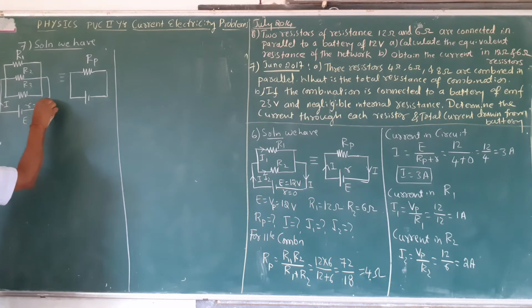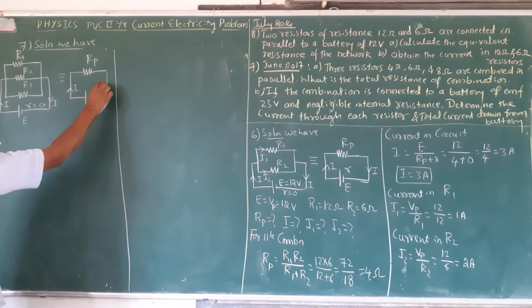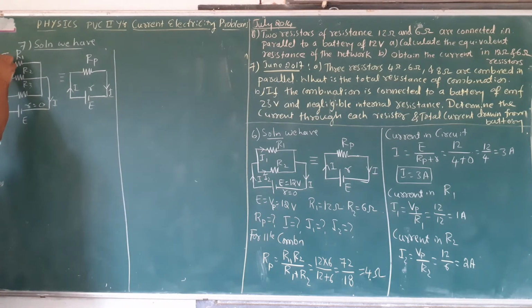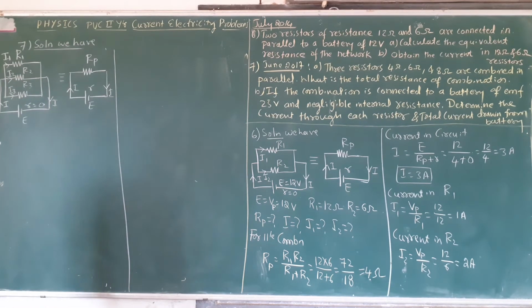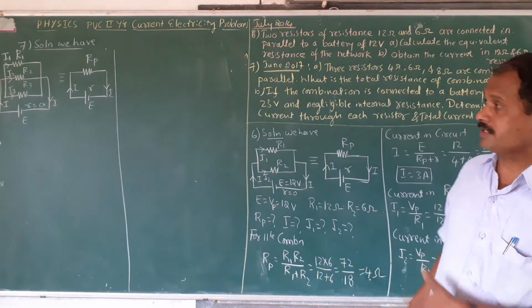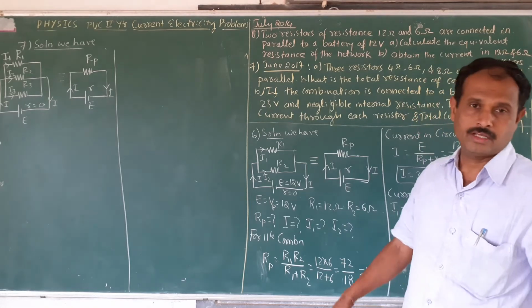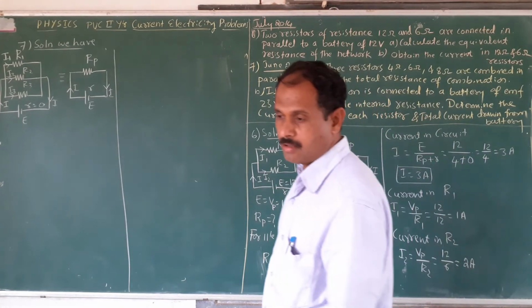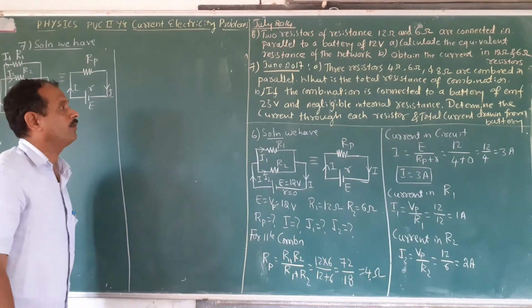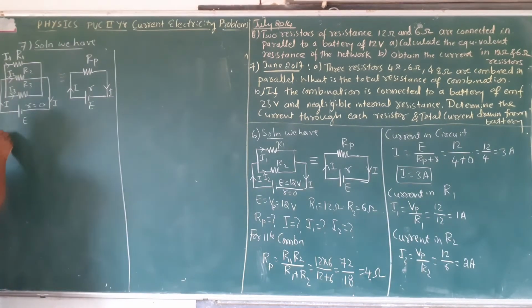The main current is I. The current flowing through R1 is I1, through R2 is I2, and through R3 is I3. For our convenience, first you have to draw the circuit according to the given numerical problem. Now write whatever values are given.